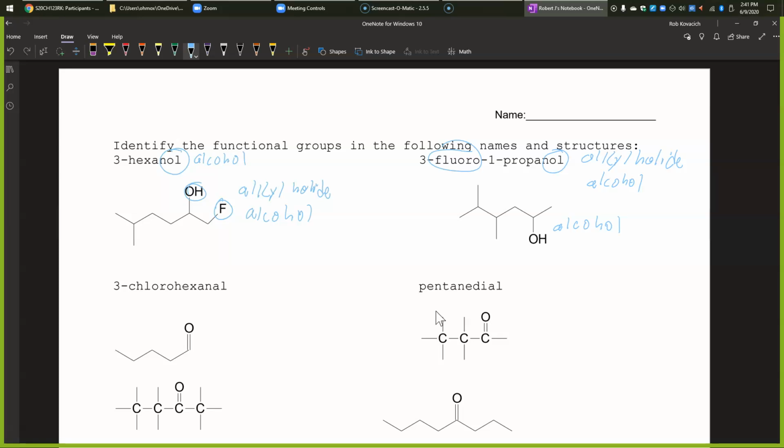Here, this is an aldehyde. Here, this is 2 aldehydes. That aldehyde. This aldehyde.